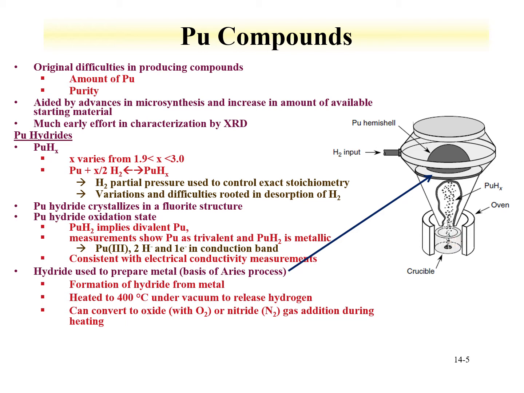The plutonium hydride in this crucible is heated to 400 degrees under vacuum. The hydrogen is released, and the metal is reformed. So this is a way of taking a shape that may have classification issues and converting it into a metal with a shape that is not classified, and can also have criticality safety controls associated with it.